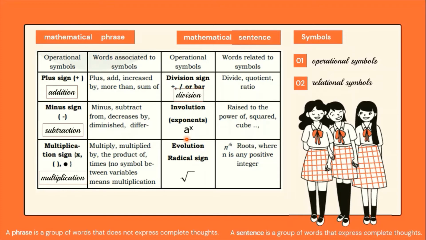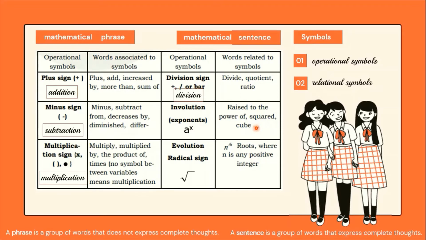Exponents tell us how many times a base must be multiplied by itself. These are some of the words associated with exponents. Pwede siyang basahin as raised to the power of, pwede ring squared, and cubed.